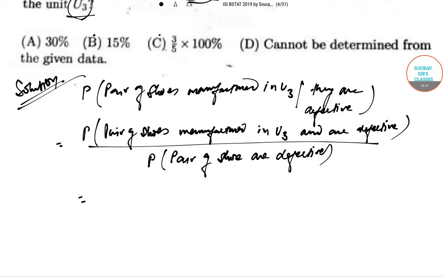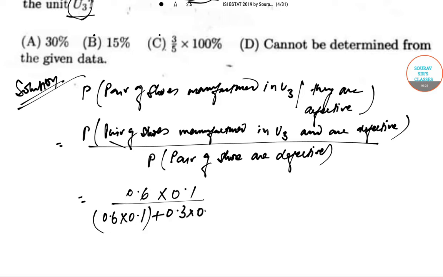So it can be written as 0.6 into 0.1, divided by 0.6 into 0.1 plus 0.3 into 0.4 plus 0.1 into 0.2.